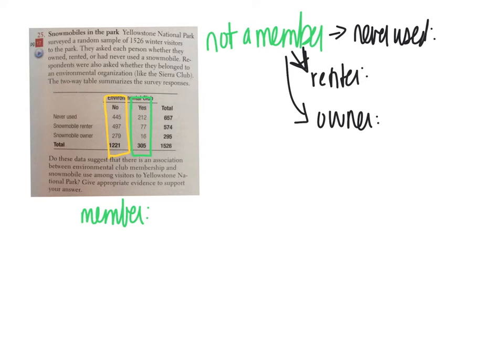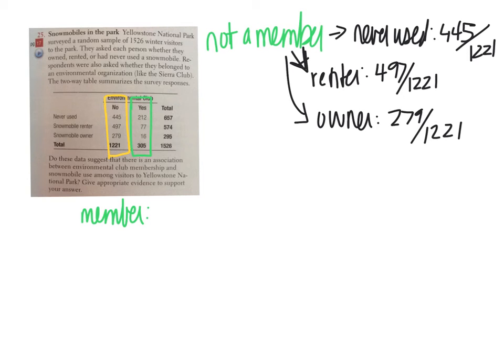So for never used, I have 445 out of 1,221. For a renter, I have 497. And for an owner, I have this. Notice I'm just using the ones in the column.